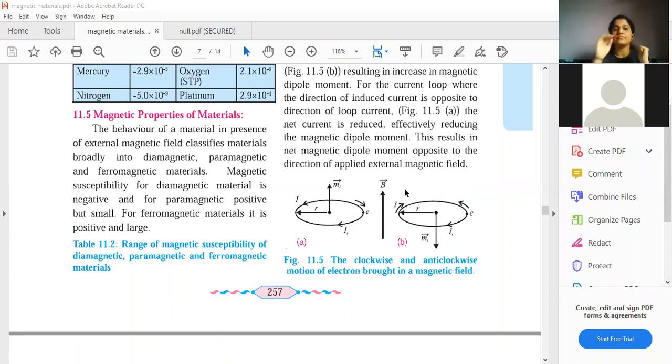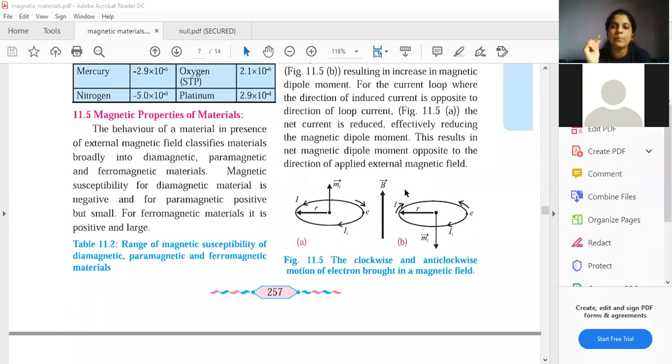All right, fine. Now students, as I said, the electron revolving around the nucleus, please remember that topic. In that topic we have seen that for the electron there are two types of momentum: spin momentum and orbital momentum. I don't know if you all remember this. All these points were discussed. If you don't remember, please go and see the previous lecture videos. So students, an electron possesses two types of dipole moment.